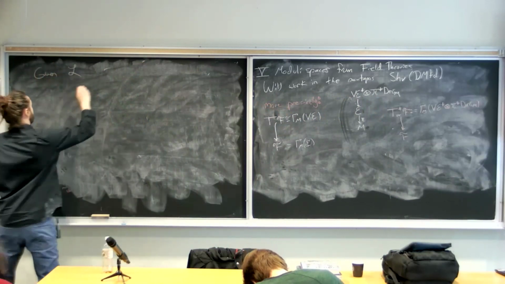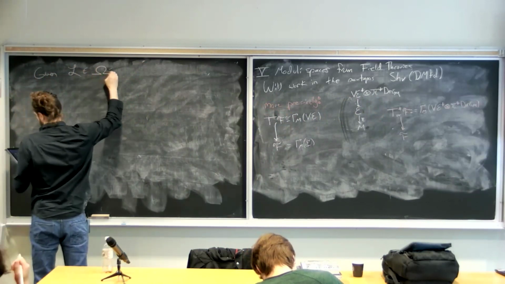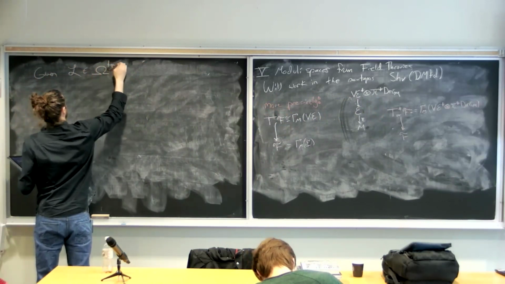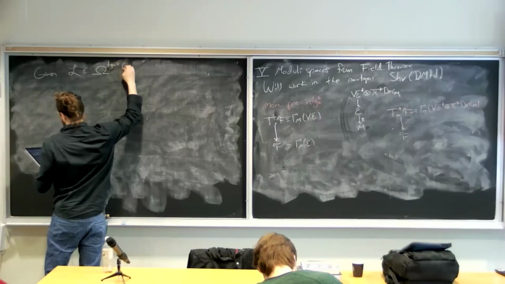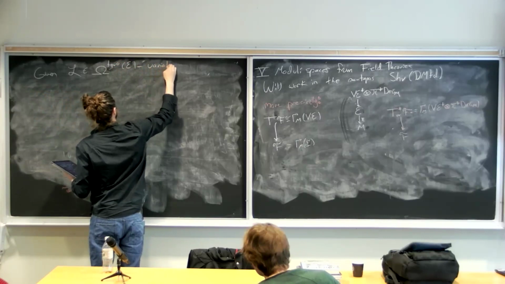And the Lagrangian density really sits in the variational bicomplex, as a top comma 0 form.